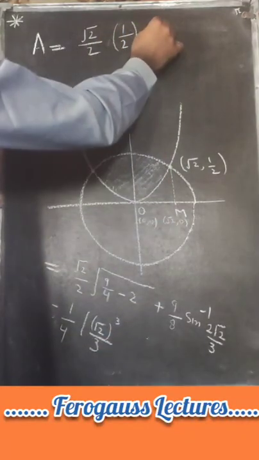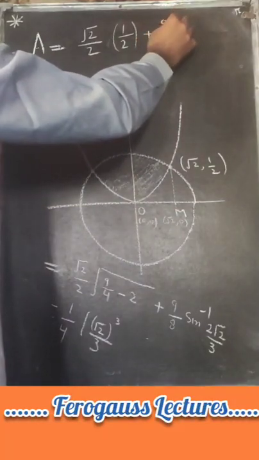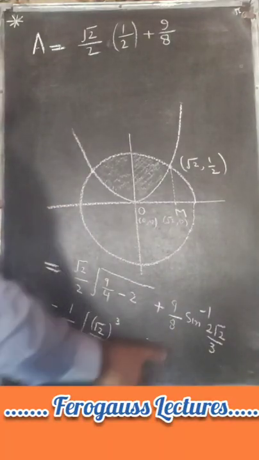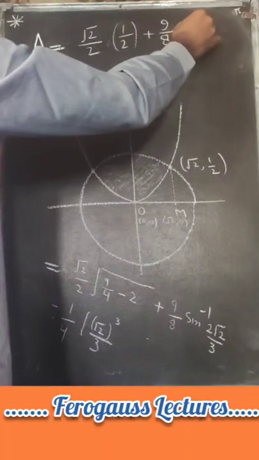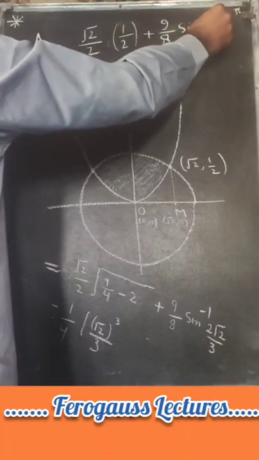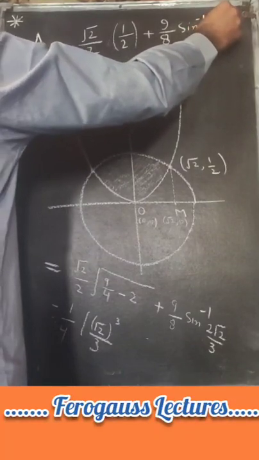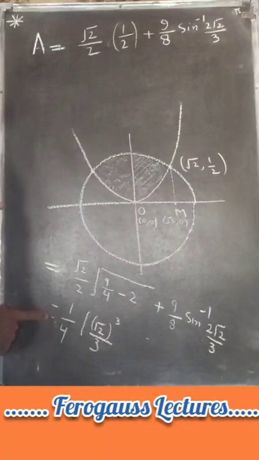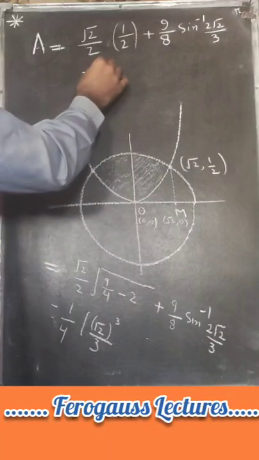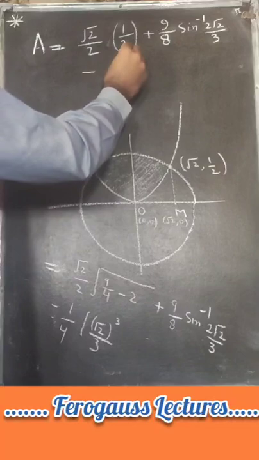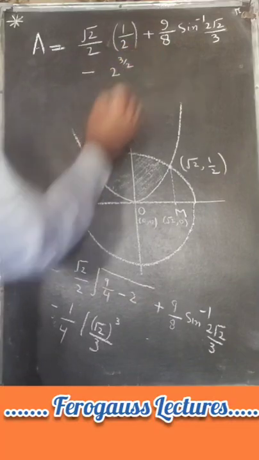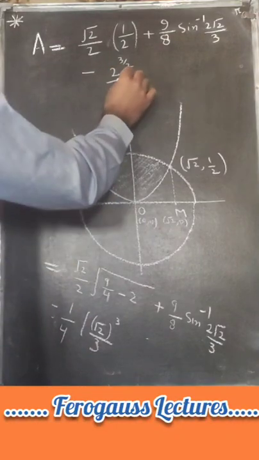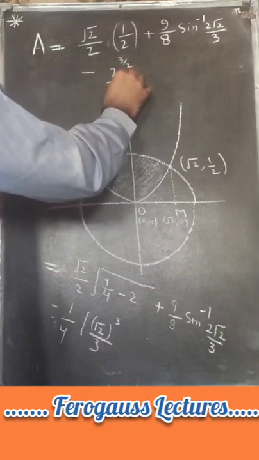Then we have plus 9 by 8 sine inverse 2 root 2 by 3. Then we have minus 2 raised to power 3 by 2, 4 into 3 is 12, divided by 12.